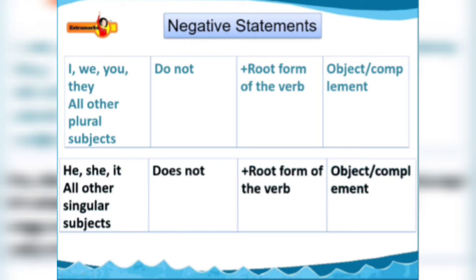Similarly, using he, she, it, or any other singular subject with does not plus the root form of the verb and the object or complement, we make the simple present tense in the negative form.